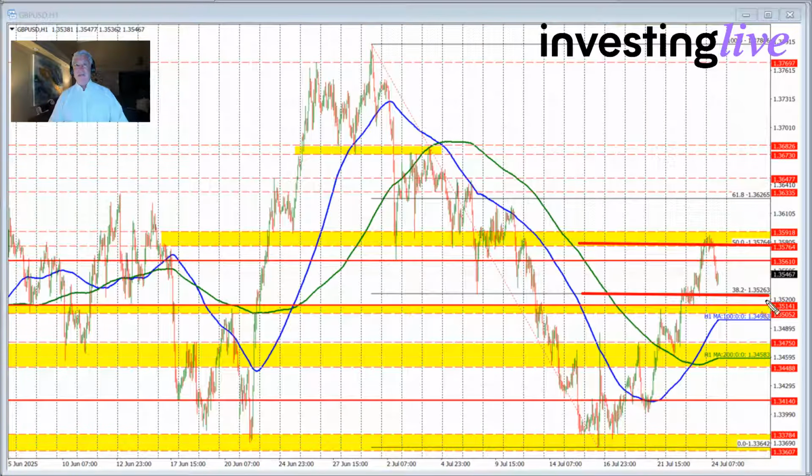Maybe down to the low price from yesterday, which was also the high of this swing area, would be another key target to find support if the buyers are to take the price back to the upside after the retracement near the 50% retracement. So this is our support zone for the sterling versus U.S. dollar: the 38.2% retracement, and the low price right here, 1.3514. Look for support buyers against that area.